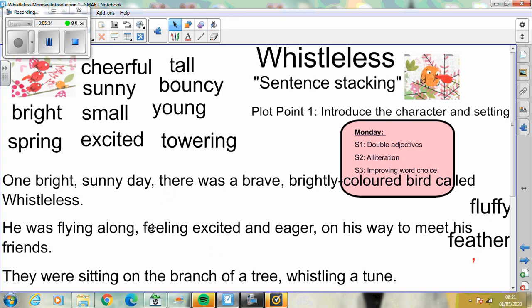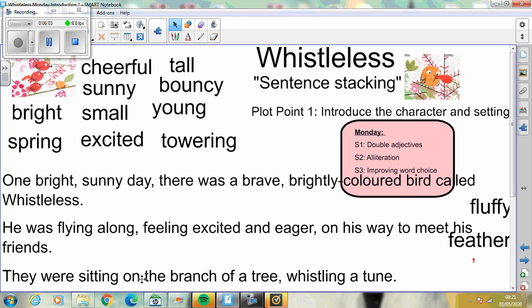By stacking up the sentences in this way, it also means that we are making sure we have got cohesion between the sentences, and that's a really important thing that we need to do when we're writing a story. So the cohesion means that each sentence follows on from the next and there's a lovely flow through your story.